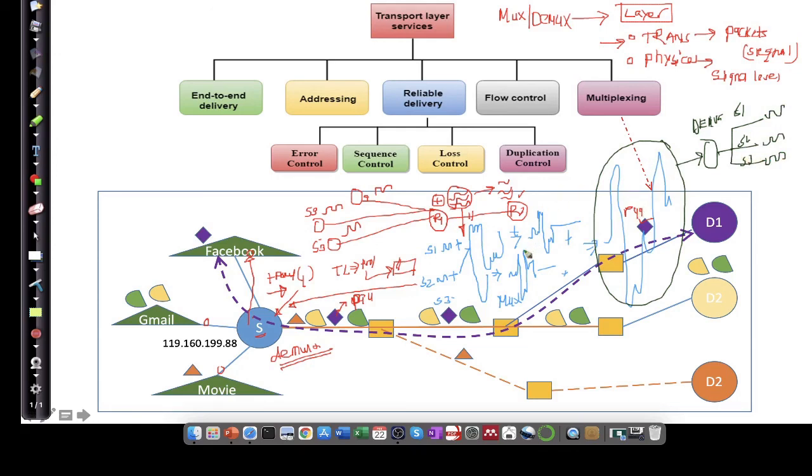So this process of multiplexing and demultiplexing, which takes place in the physical layer, is performed at the signal level, whereas the multiplexing and demultiplexing performed in the transport layer takes place at the packet level. It is a very important concept, and you should remember this point while we talk about multiplexing and demultiplexing.